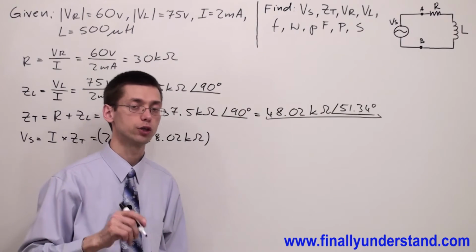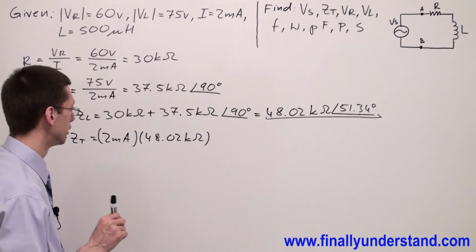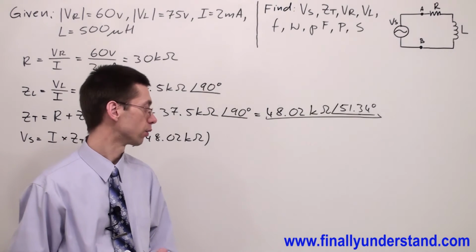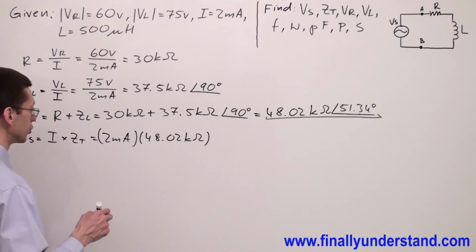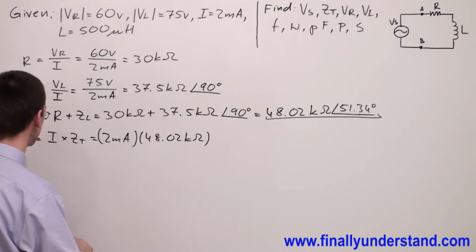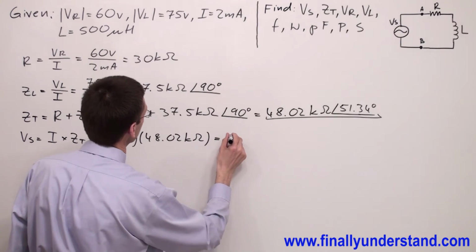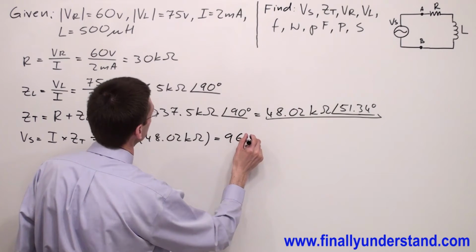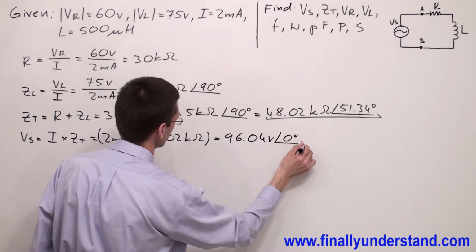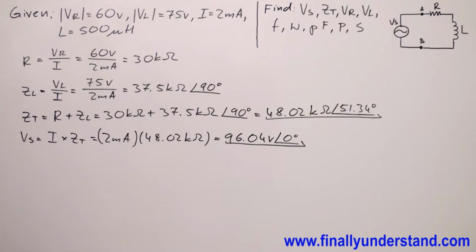Again, I'm going to assume that the voltage source is supposed to have angle of 0 degrees. Why I'm doing that assumption? Just to make our calculations a little bit simpler. So, just plug in these values into the calculator and you're supposed to obtain the value of 96.04 volts and of course angle of 0 degrees. This is my voltage source.